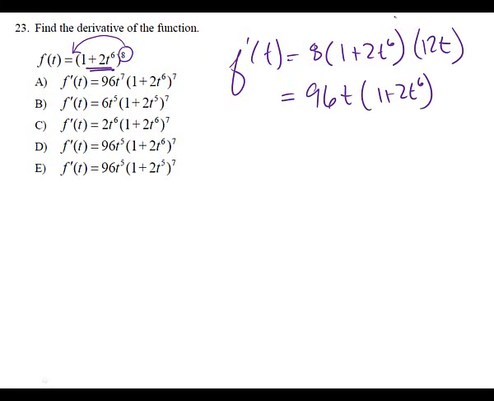Oh, I lost an exponent, didn't I? That should have been a 7th power right there. But looking at your answer choices, there's no way to get anything but a 7th. And I lost a power here too, didn't I? Not doing so well this morning. Because it should be a 5th power on that. All right, so 96 t to the 5th, and it's a 6th power on the inside. It's that one, isn't it?